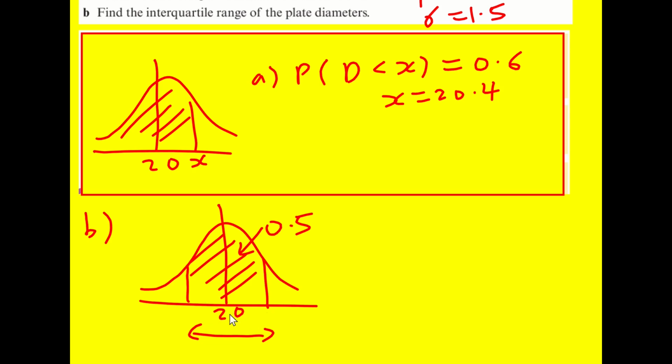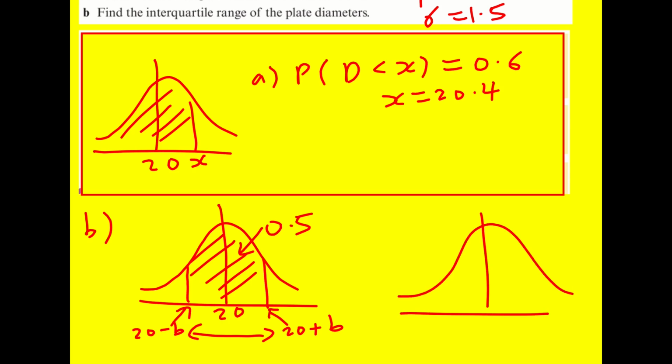And I know that it's symmetrical, so I'm going to have here 20 plus some value. Let's call it B. And then here, I've got 20 minus B. However, I'm overcomplicating this because if it's the middle 50%, and I know it's symmetrical, all I need to do is this.